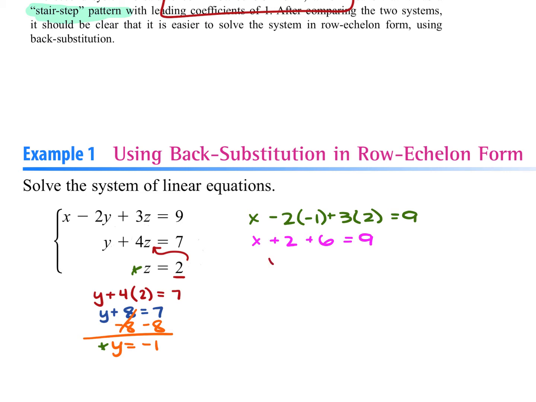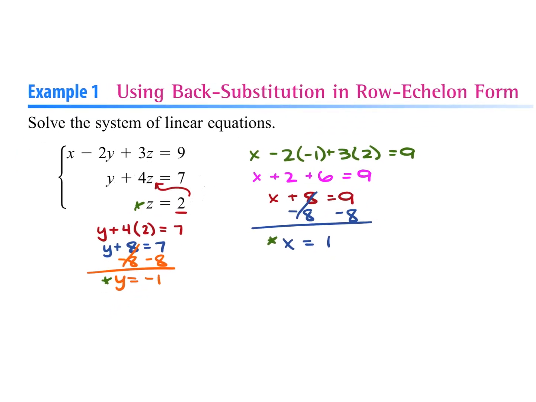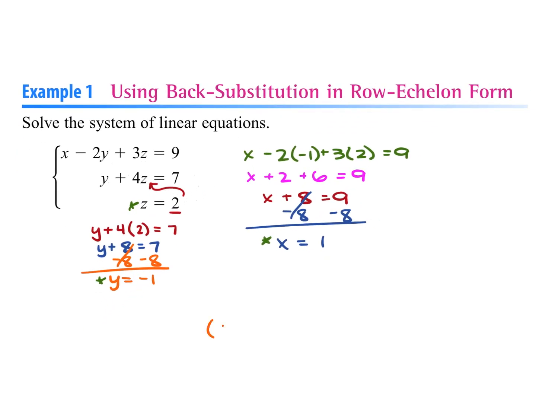The 2 plus 6 is 8, so x plus 8 is equal to 9. We move the 8 over by subtracting it from each side, and we get that x is equal to 1. So now we have an x, a y, and a z. So our solution for this is the ordered triple of 1, negative 1, and 2.